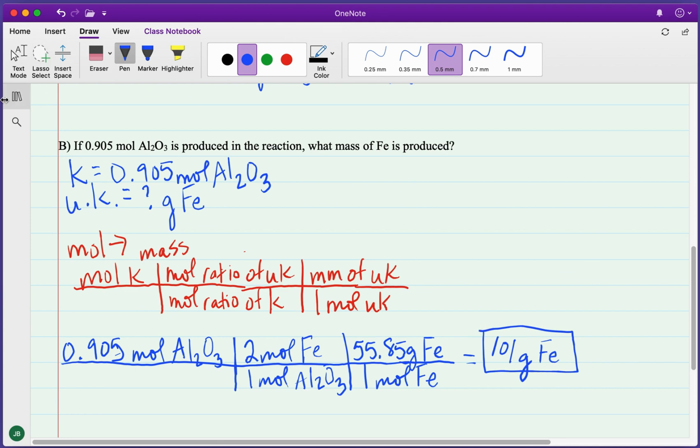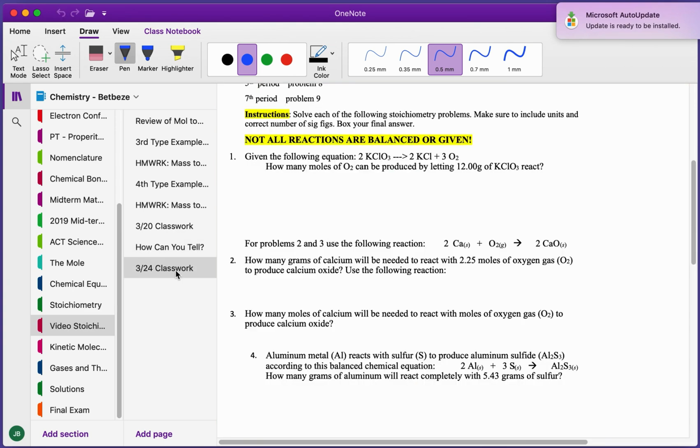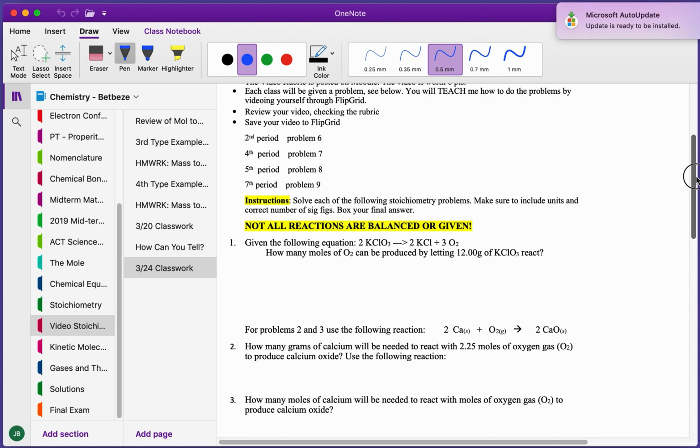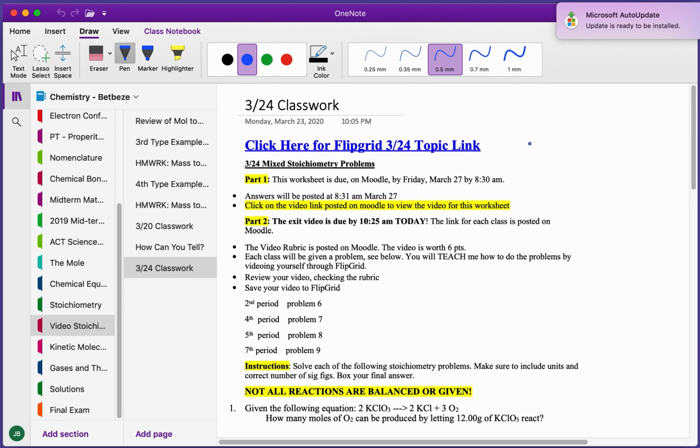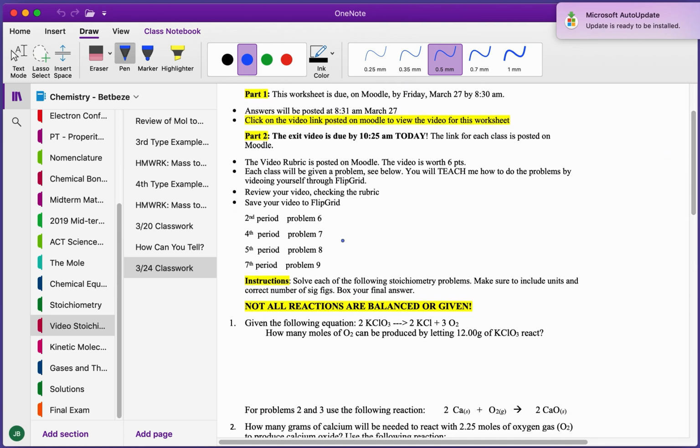All right, so what you're going to do is a worksheet, and all the problems are mixed up. Notice I have a link here for your exit video topic. This is due at the end of class today, which is about 10:30, and it shows you what problems you need to do, depending upon your class period.